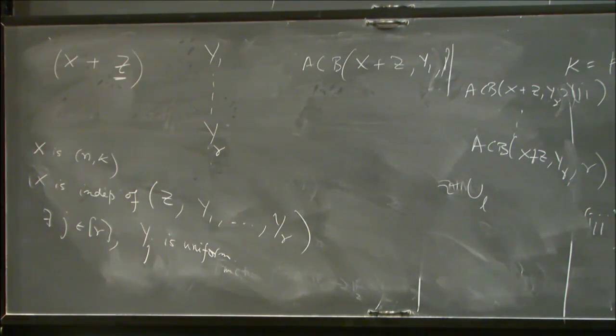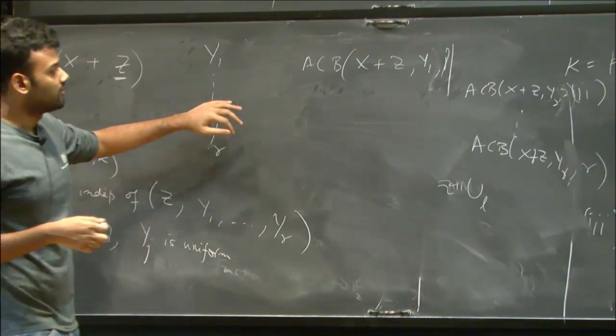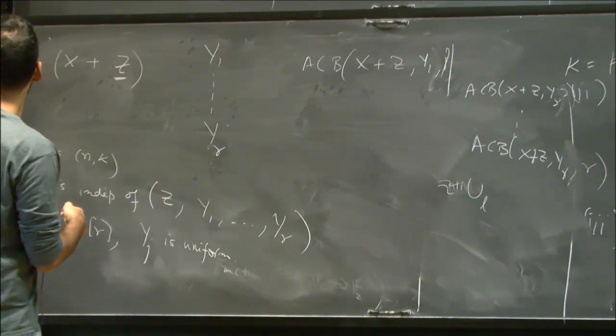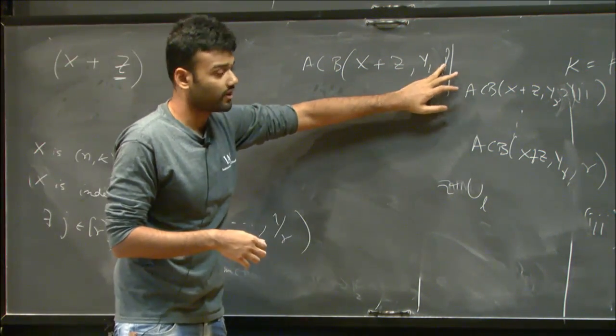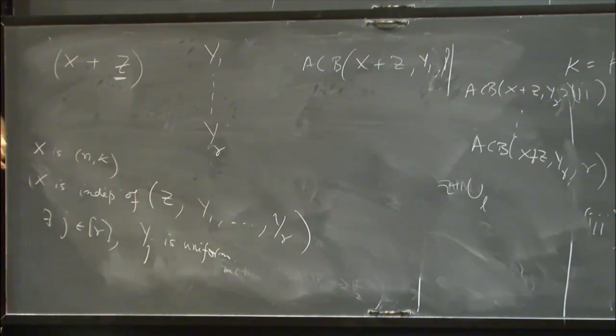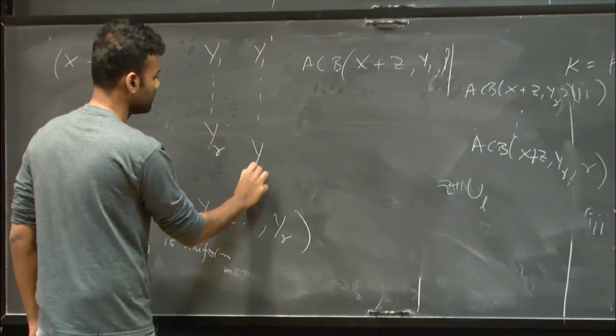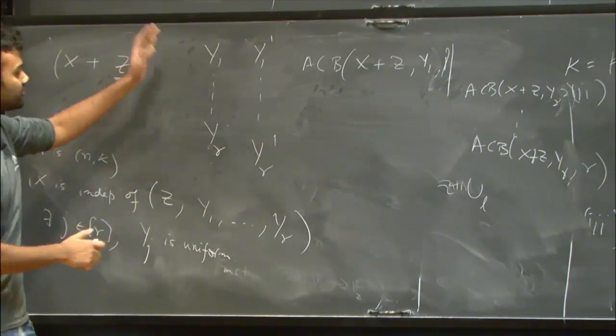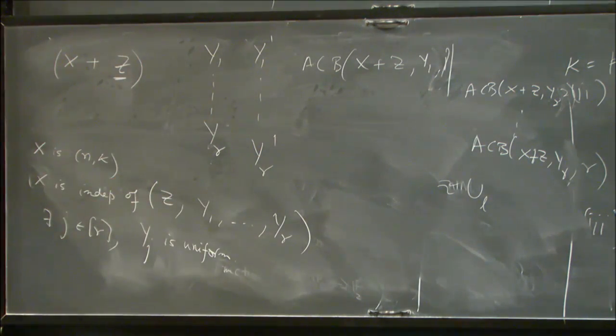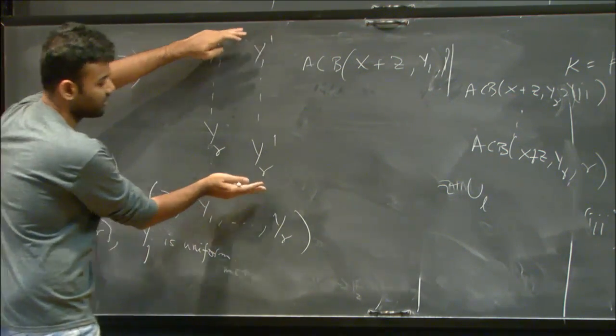But if you do this, then in the tampered world, where it's x prime, z prime, and so on, for the first row it gets the same thing, 1, in the tampered world as well. Is this clear? What is happening is there is y1 prime through yr prime as well. Think of this matrix y1 through yr, and whatever comes from x prime, z prime, and so on gives you another set of variables.